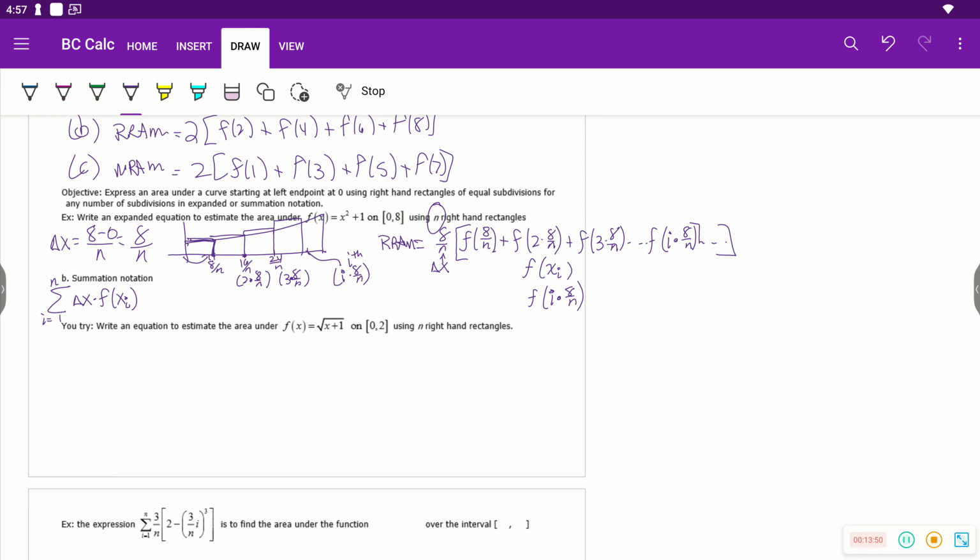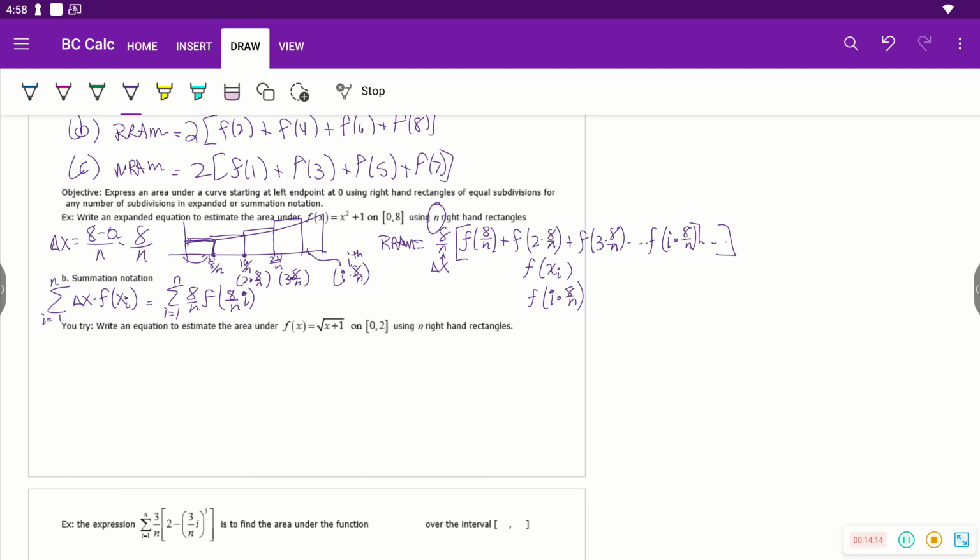And that's general. Now I'm going to go a little more specific. In this case, delta x is 8 over n. Inside, the x at which I draw is 8 over n, i times.